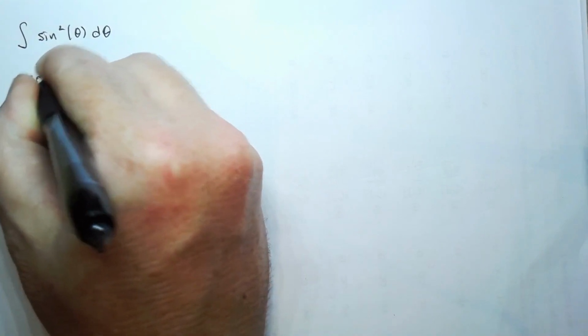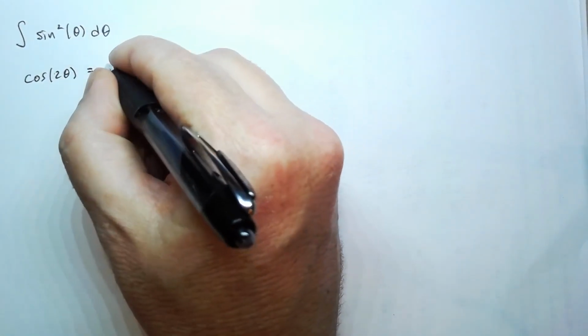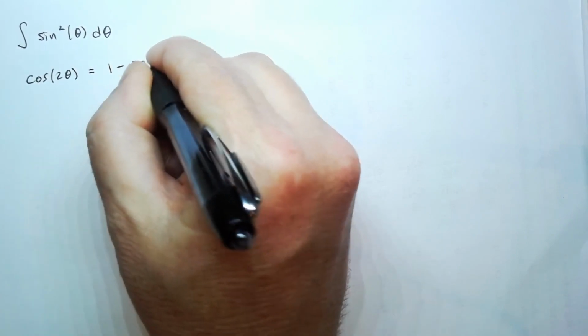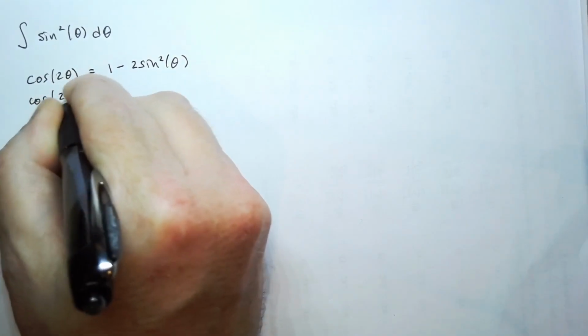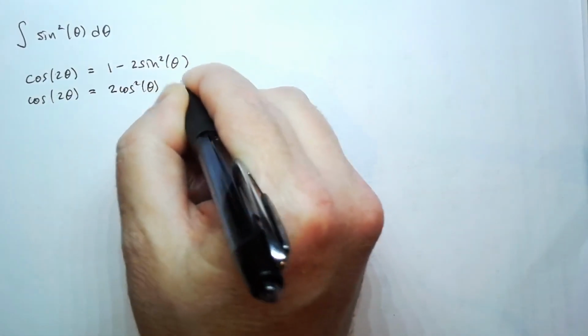Well, if we look at a list of trig identities, we might come across our identities for cosine of 2 theta. One of those is 1 minus 2 sine squared theta. Another version of this, which I'll write down here for reference, is 2 cosine squared theta minus 1.